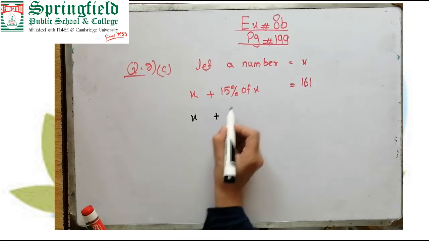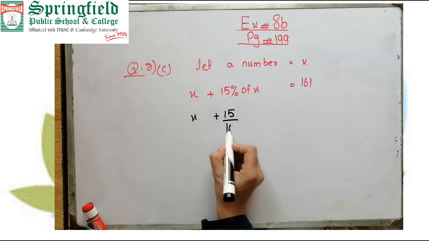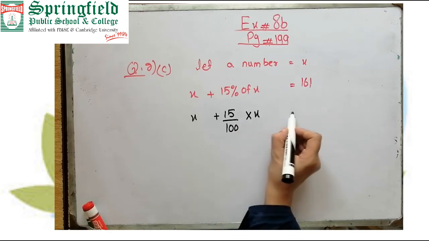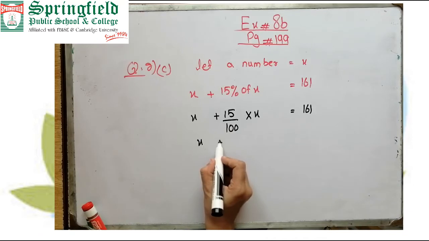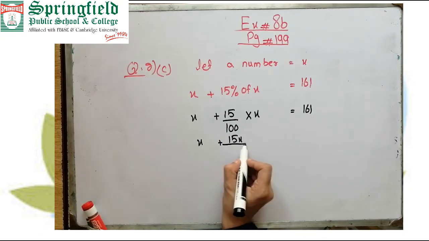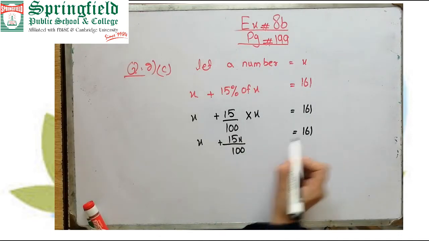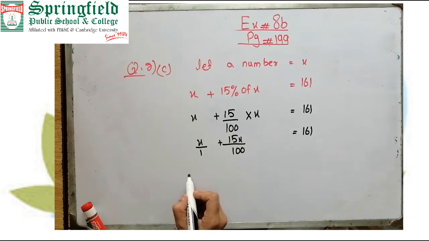x plus 15%. Remove the percentage sign, write 100 in the denominator, multiplied by x, is equal to 161. x plus 15x divided by 100 is equal to 161. Then we can write 1 in the denominator of x to make it into fraction form.